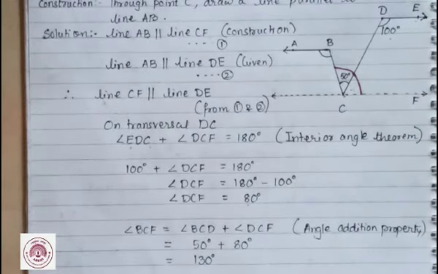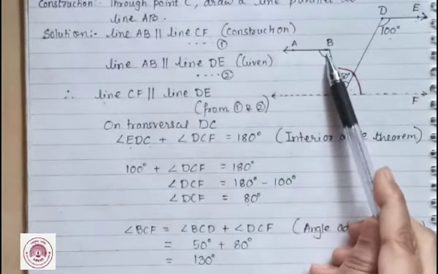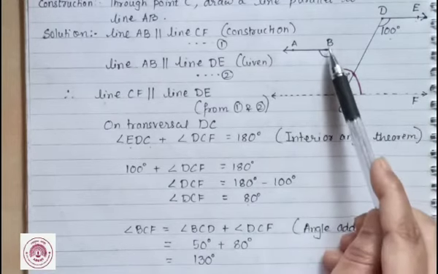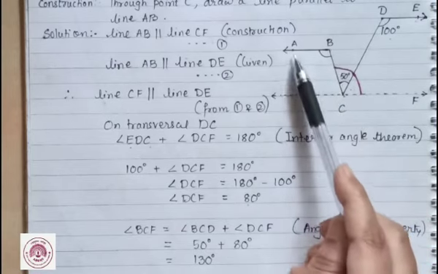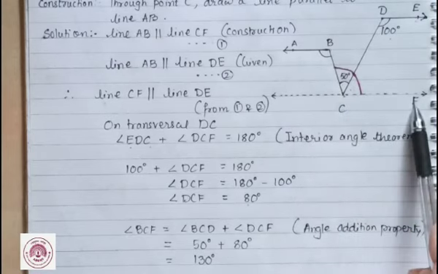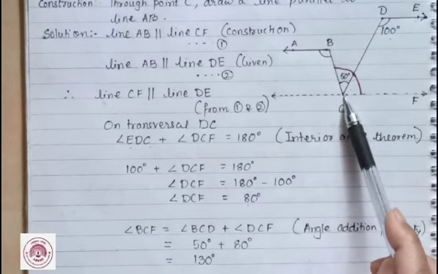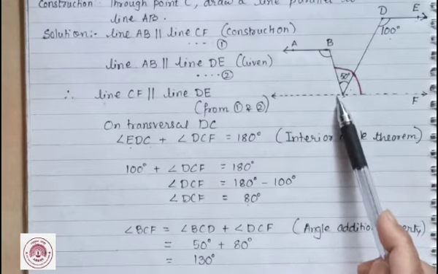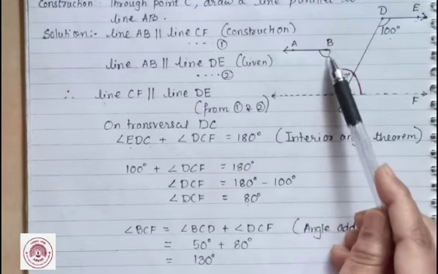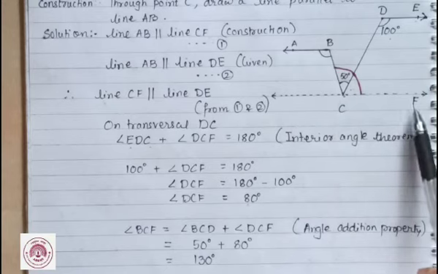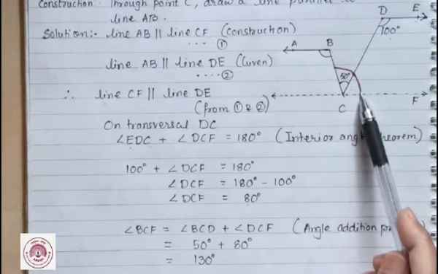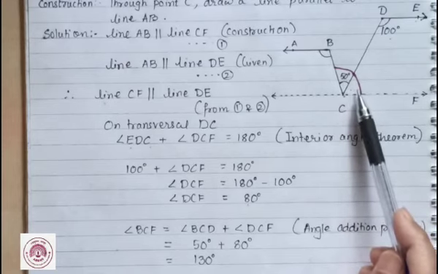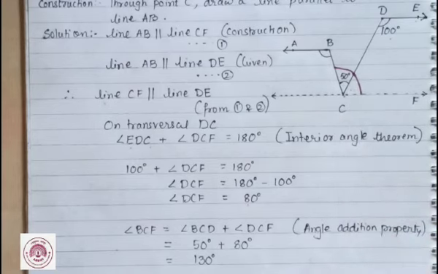Now line AB is parallel to line CF by construction and on transversal BC. AB is parallel to CF and this BC is the transversal. So now angle ABC, that means this angle, is congruent with angle BCF. What kind of angles are these two? These two are alternate angles and we know alternate angles are congruent. So let's write that.